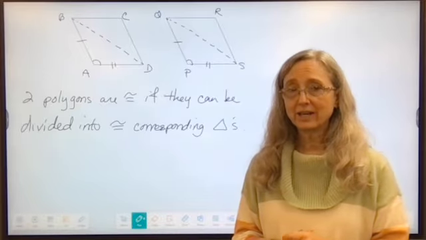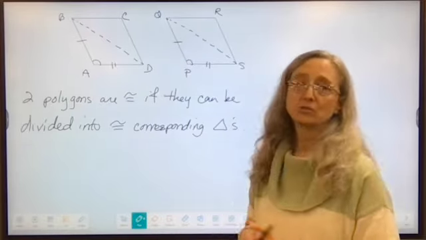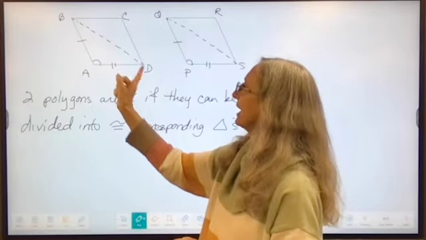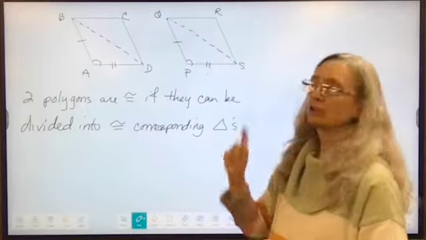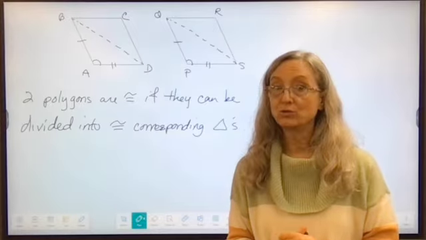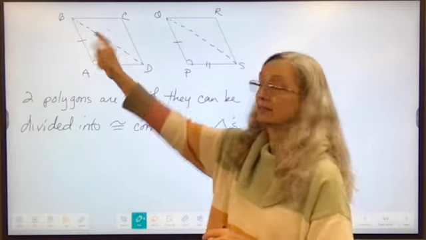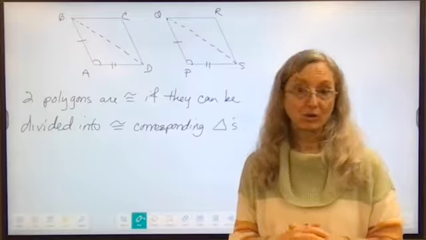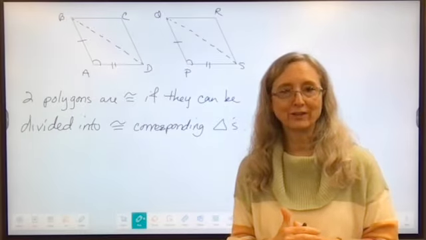So I've drawn a diagonal into each one of these figures, and now I'm looking at triangle ABD and triangle PQS, and I can say those two triangles are congruent by side angle side, which means my diagonals are also congruent to each other.